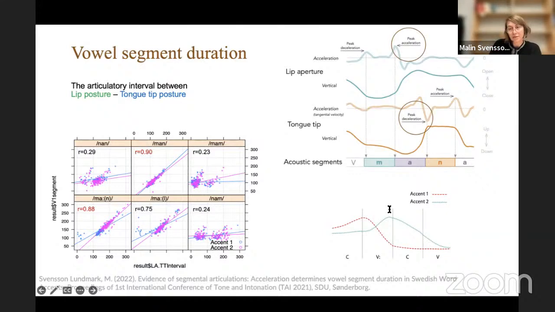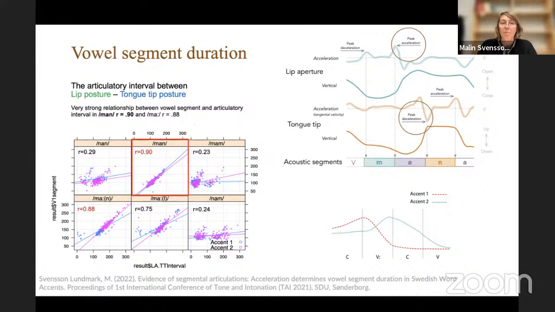As we can see, there's an almost perfect relationship for the word accent pair manna, mannen. And as we measure the distance between a posture on the lips and one on the tongue tip, this makes sense, as they are both crucial articulators in these 2 words.